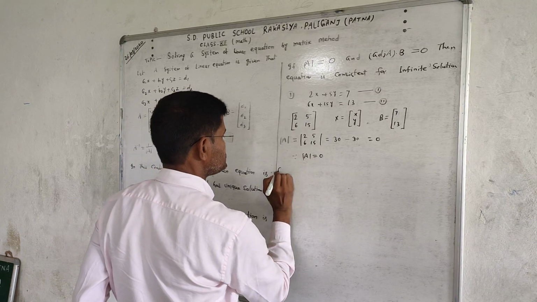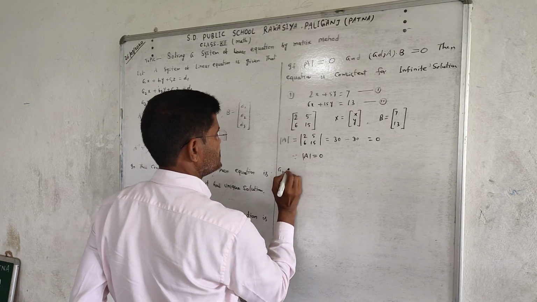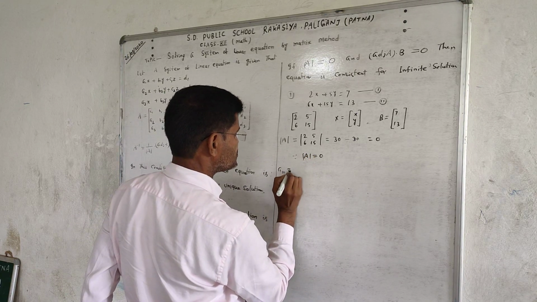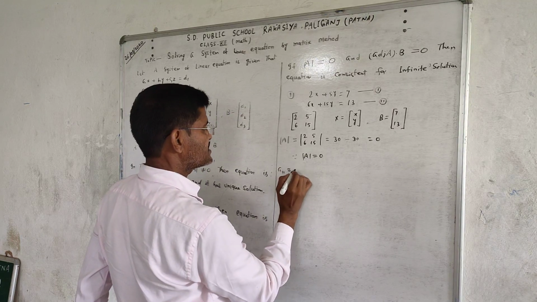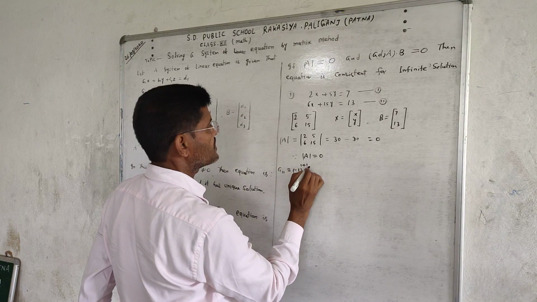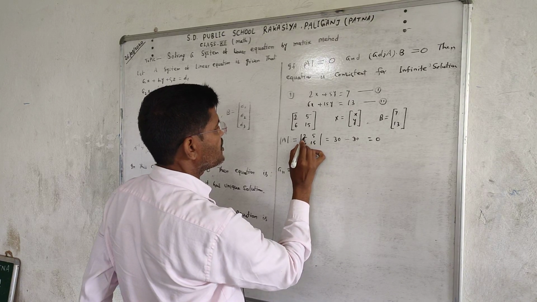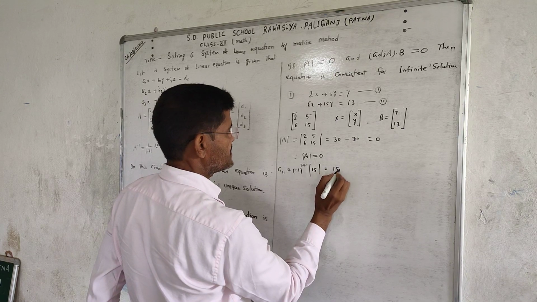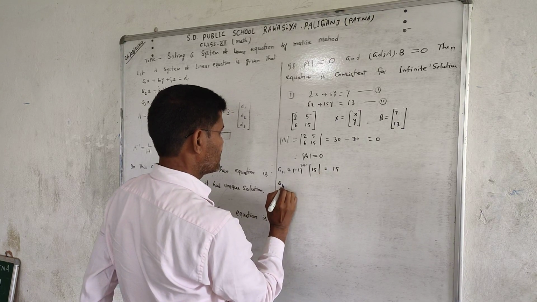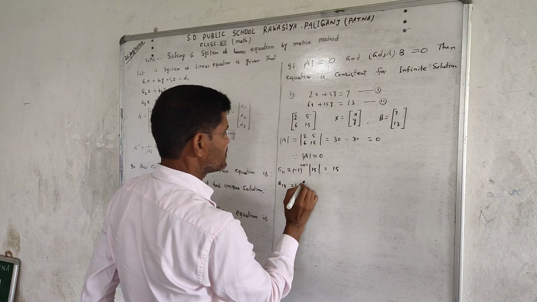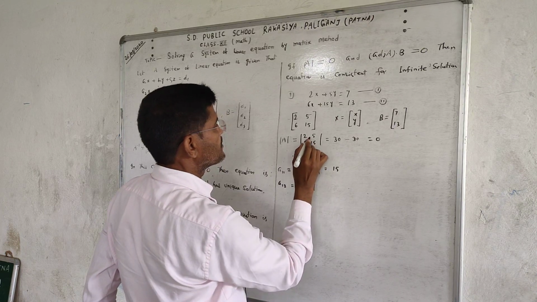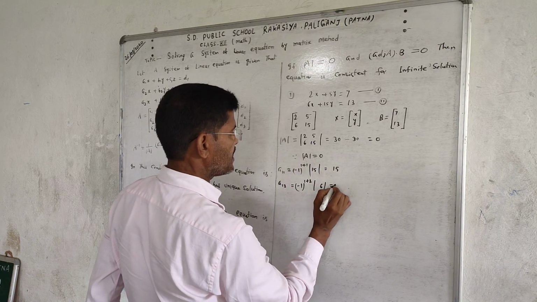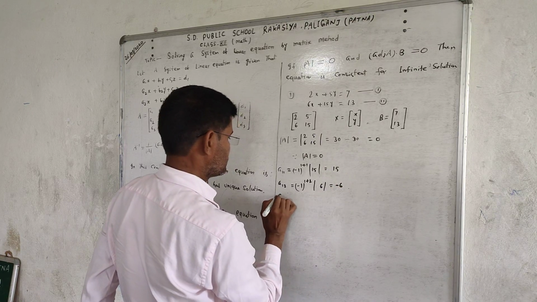The cofactor A11 of this matrix can be found. Cofactor of A11 is equal to -1 to the power 1 plus 1, and leaving its first row and column, only 15 remains, so it is 15. A12 is -1 to the power 1 plus 2, and the element is 6, and -1 into 6 means -6.